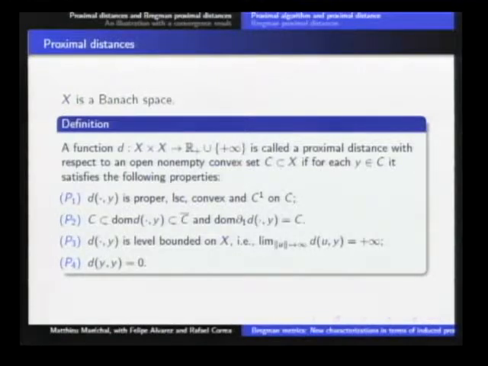The domain of the function d with respect to the first variable is included in the closure of C but contains C, and the domain of the subdifferential is equal to C. Moreover, it is level bounded, and it equals 0 on the diagonal. Moreover, it is a positive function.